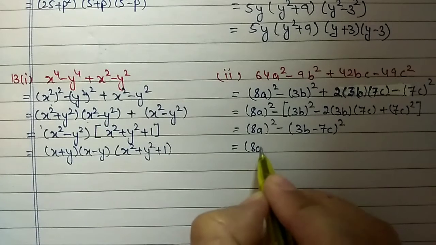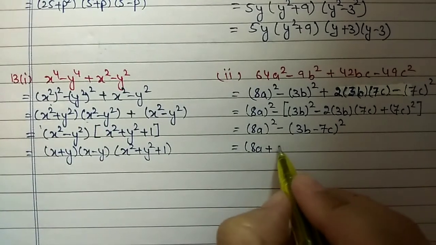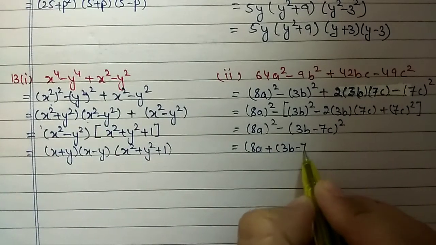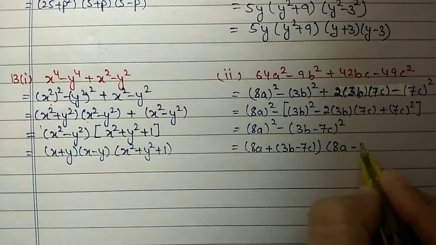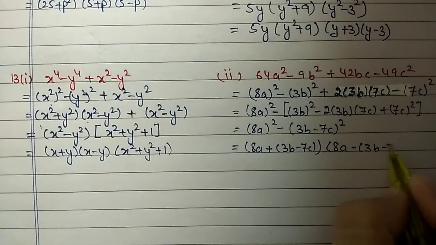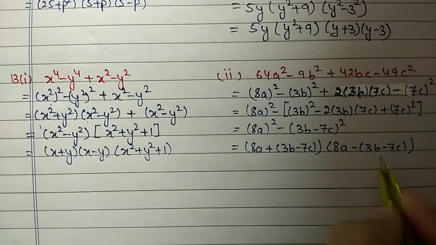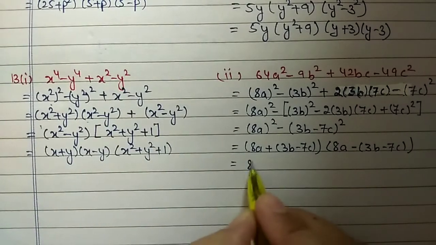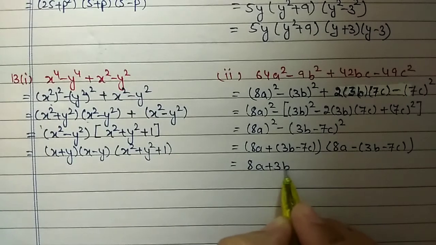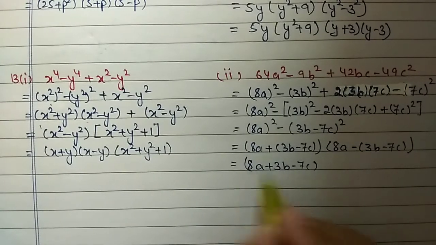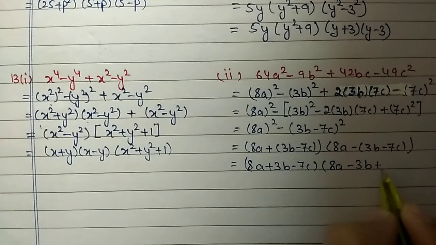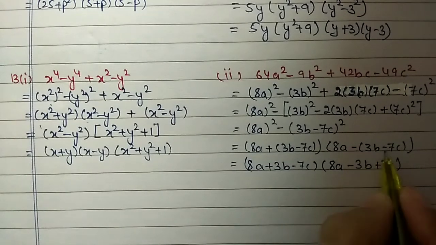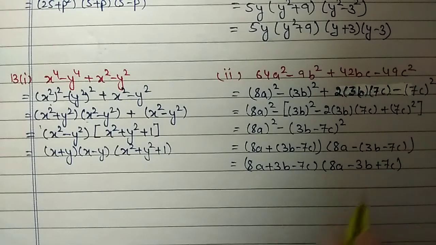So 8a plus 3b minus 7c, and then 8a minus 3b minus 7c. Remove this internal bracket. 8a plus 3b minus 7c, and the second bracket will be 8a minus 3b plus 7c. When you remove this bracket, minus will become plus.